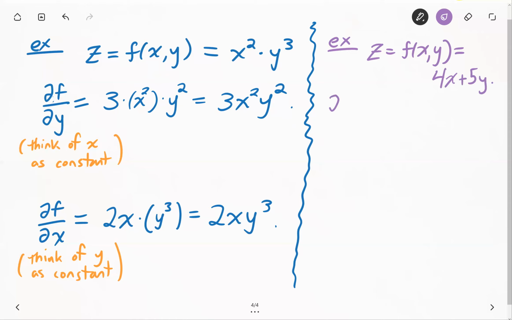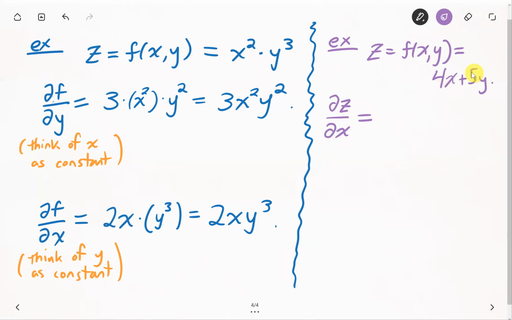In this case, I'll use the other notation just for practice. What's dz dx equal to? Looking at this notation, the fact that we have an x on the bottom says that x is our variable. And we're going to think of y as a constant.